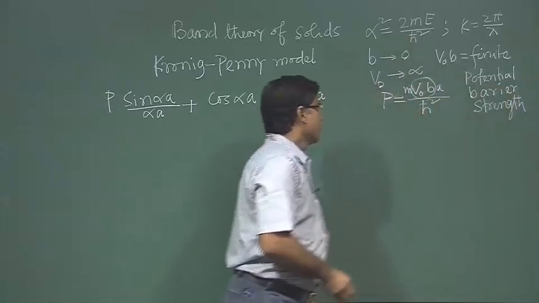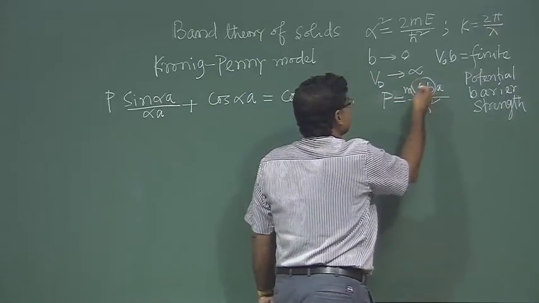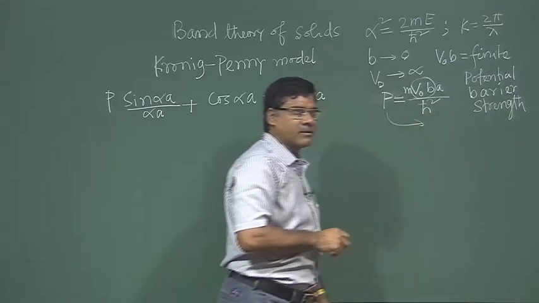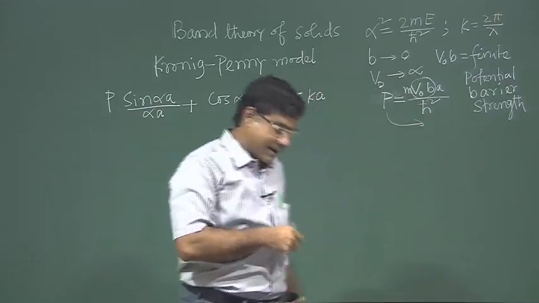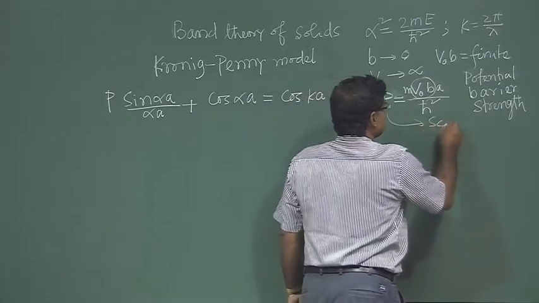So, P basically depends on V0 b. So, the P is called scattering power strength.